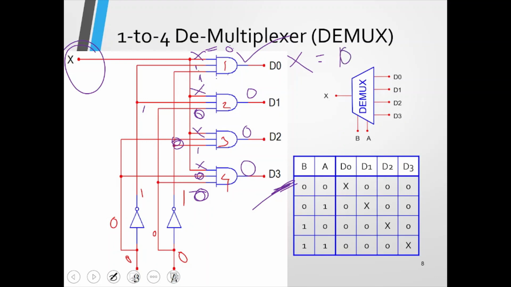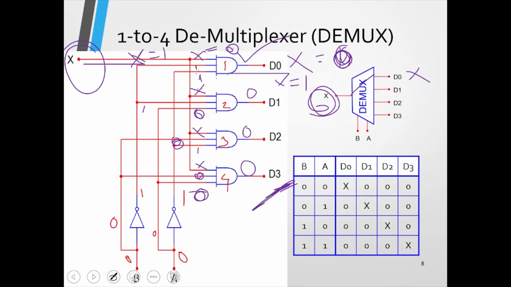For 0 1 1, the output is 0, meaning whatever you are applying at X, the same will appear at the output. Now if you apply X equal to 1, then this will be 1 1 1, and in that case the output is the same as X, that is equal to 1. So you can say that this X is connected to D0. Whatever you are applying at X, the same will appear at the output D0.